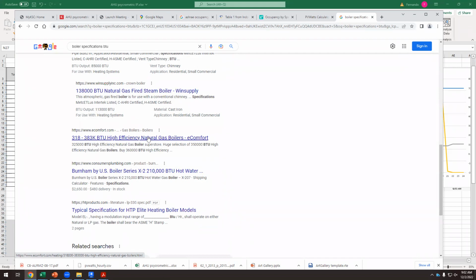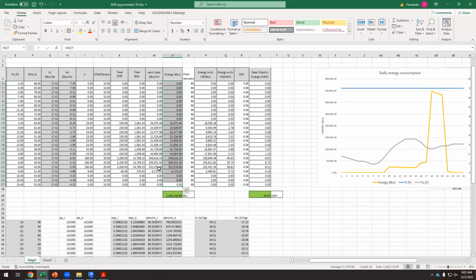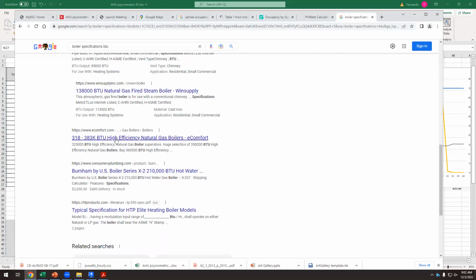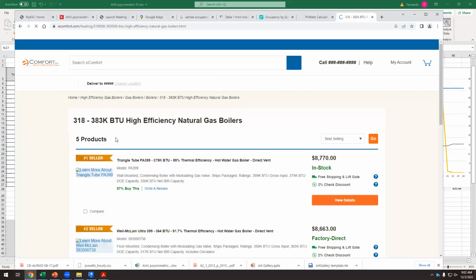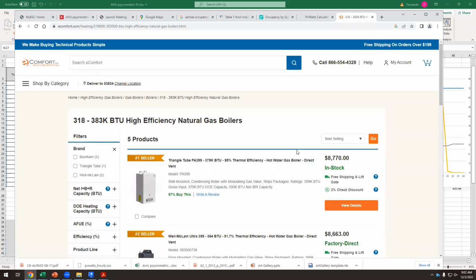This is a high efficiency natural gas boiler, and the maximum power is 383 k's, so it's 383,000, and it has to be more than 346. So we can use this boiler. And it costs $8,770.